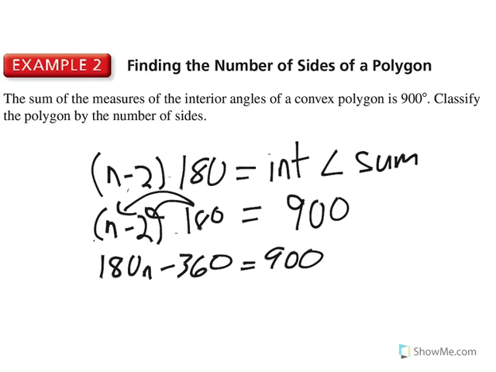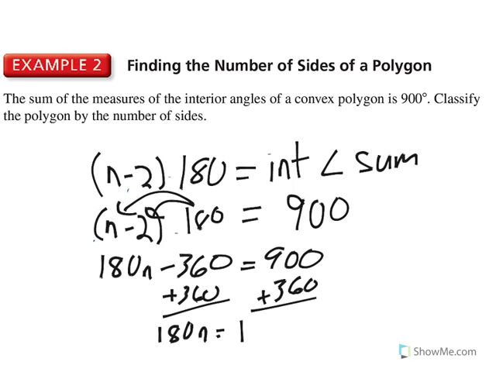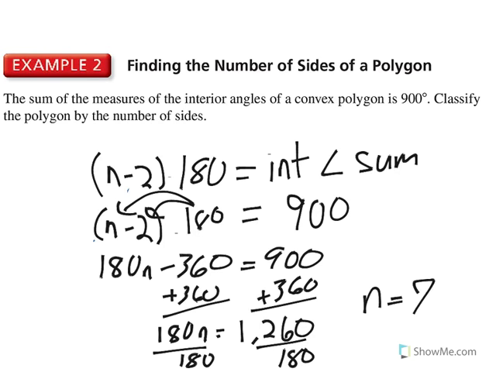I'm going to add 360 to both sides, to where I get 180n is equal to 1,260. To get n by itself, I need to divide by 180. And so I get n is equal to 7.